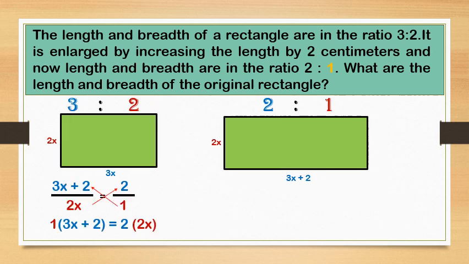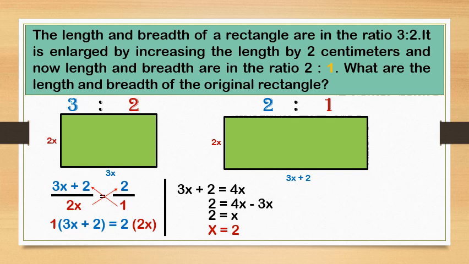Now let us find the value of x. Here 1 into (3x plus 2) equal to 2 into 2x can be written as 3x plus 2 equal to 4x. Then take 3x to the right hand side, we get 2 equal to 4x minus 3x. That is 2 equal to x, or we can say x equal to 2.